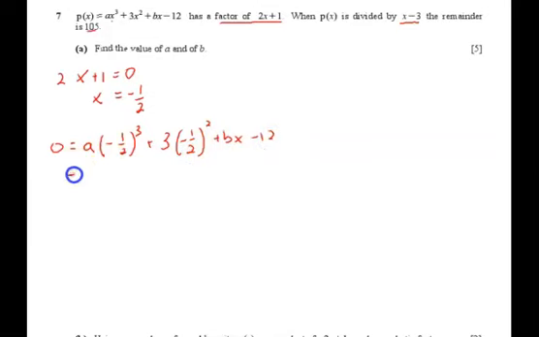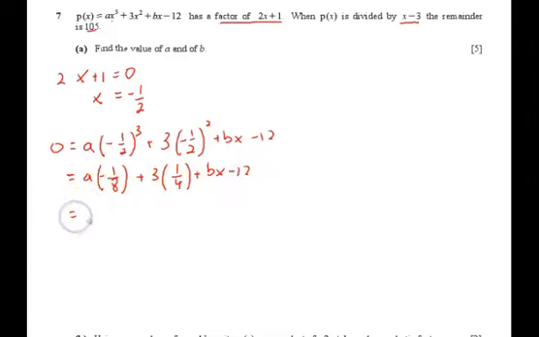We simplify this, and we'll be getting A times bracket 1 over 8. It's 2 to the power of 3, so you get 8, and here we'll be getting 3, 1 over 4, and here will be bx minus 12.